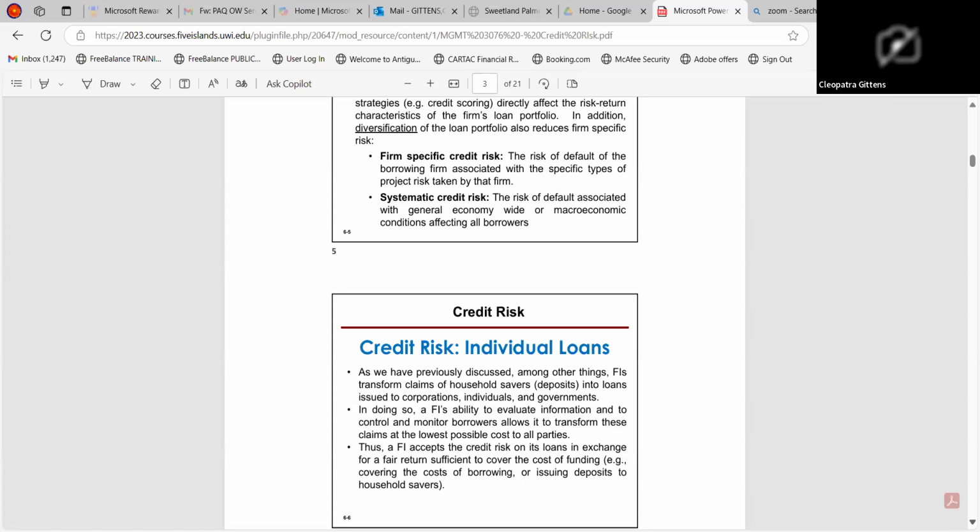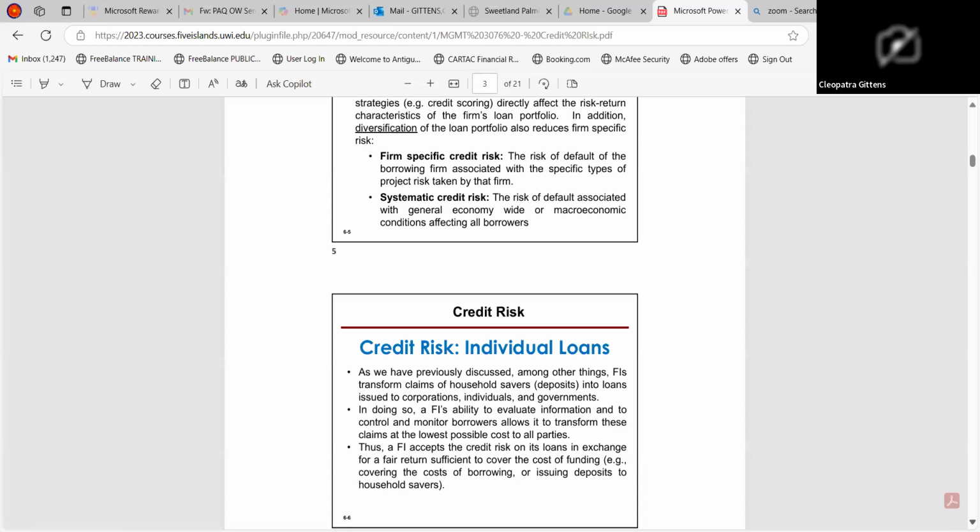All right. And so it is going to charge more money to cover the cost that is associated with that particular risk, as well as the cost of the money that it's going to use.